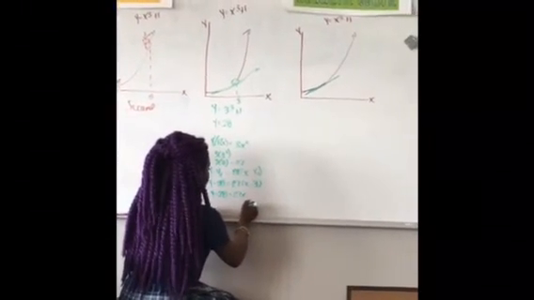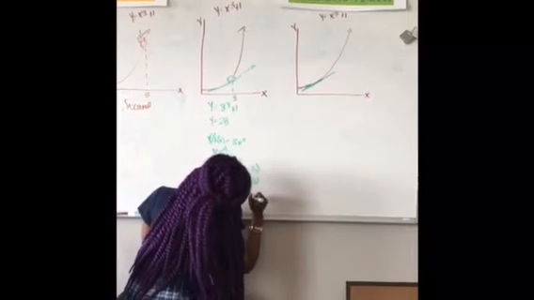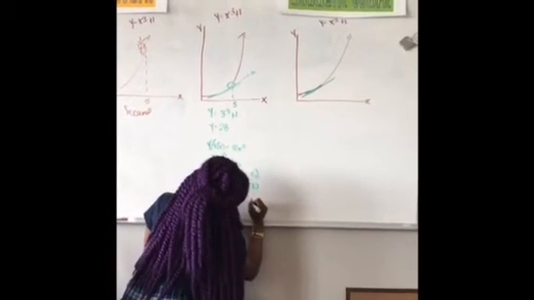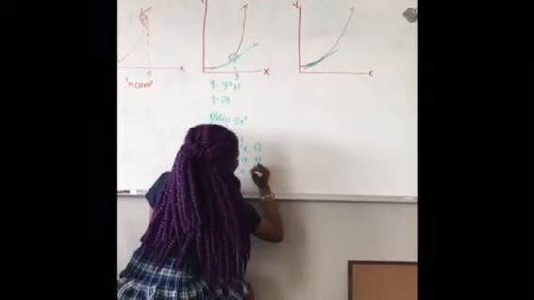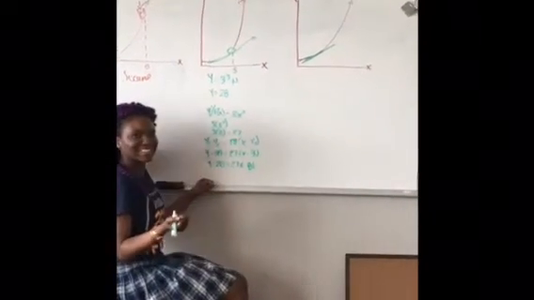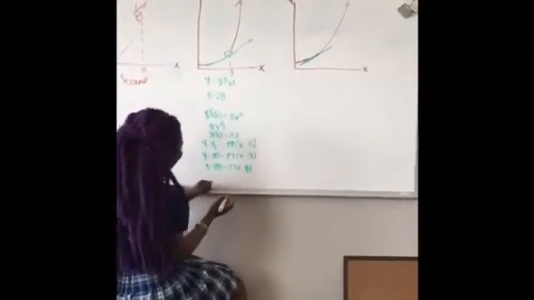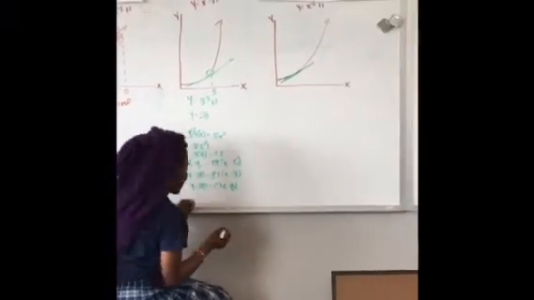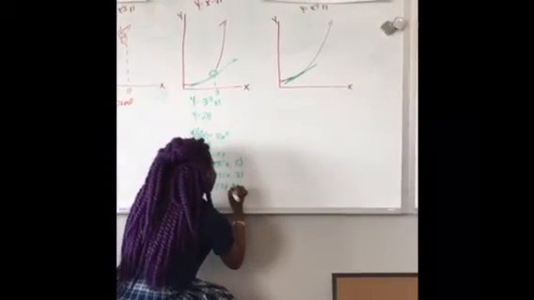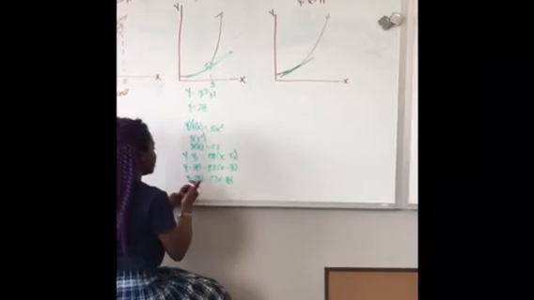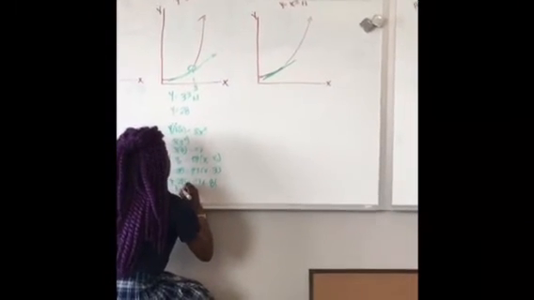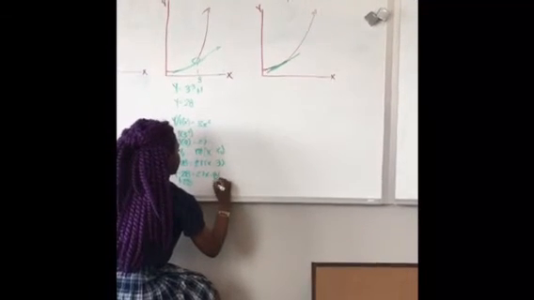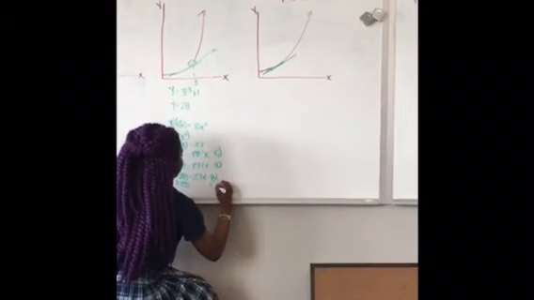27 times 3 is 81. My people are snapping for me. So 27x minus 81, and then you take your 28 and add it over here. So 28 plus negative 81.